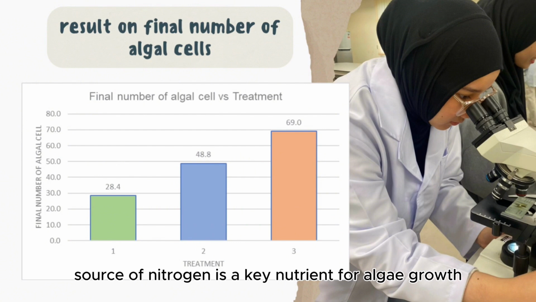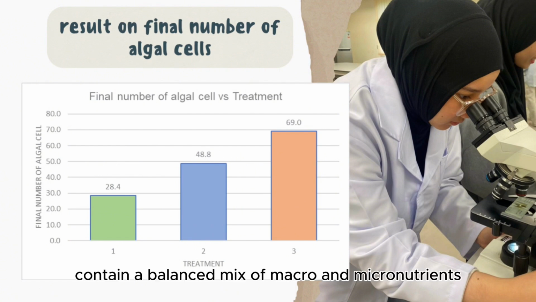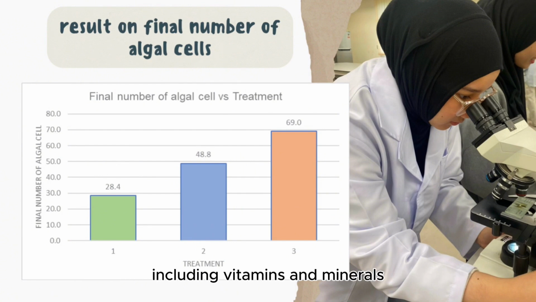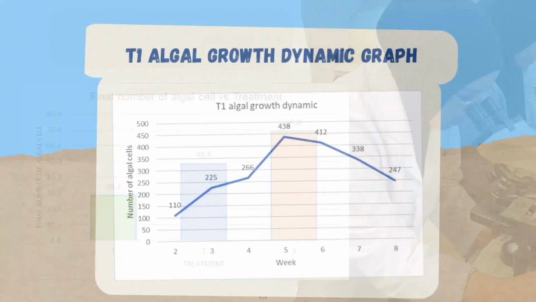Nitrogen is a key nutrient for algae growth. Lastly, fish meal has balanced nutrition, containing a balanced mix of macro and micronutrients, including vitamins and minerals which support various metabolic processes in algae.